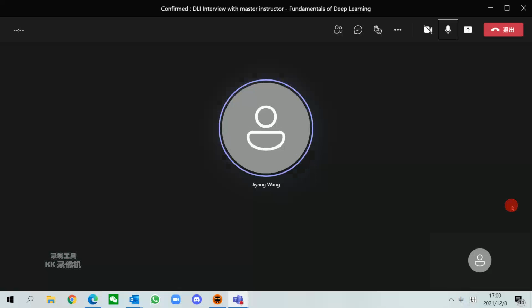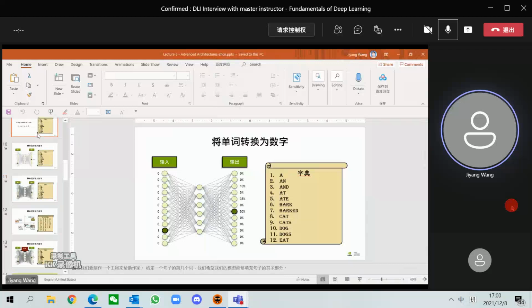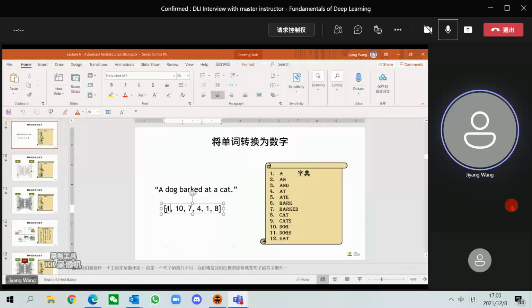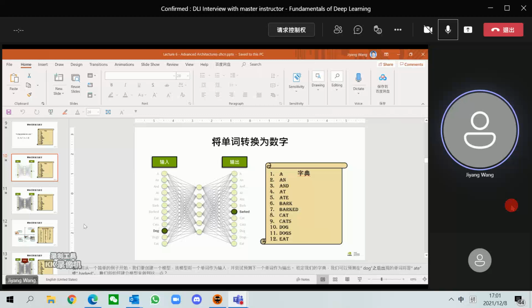So that said, we turn these integers into one-hot encoding when we send these words into the model. I'm going to share a slide with you in the sixth presentation. You can see after tokenization, we have this vector that represents this sentence. But when we send these numbers to the model one by one, we turn them into one-hot encoding.